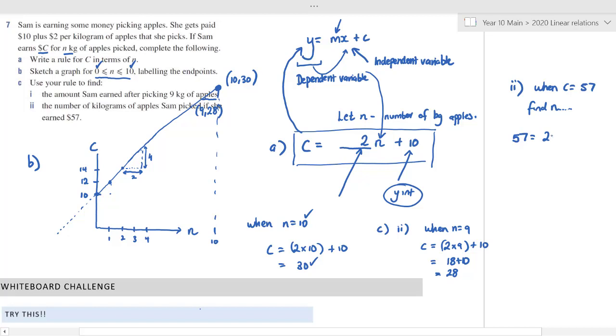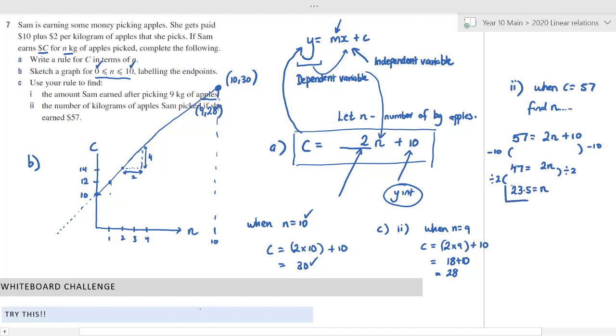Well, we've got to find what n is. Okay, so of course we're adding 10 to both sides, so let's subtract 10 to get rid of that. We've got 47 is equal to 2n, and now let's divide both sides by 2, which gives us 23.5 is equal to n.